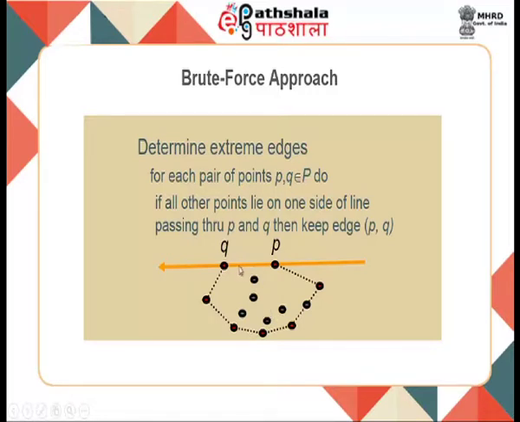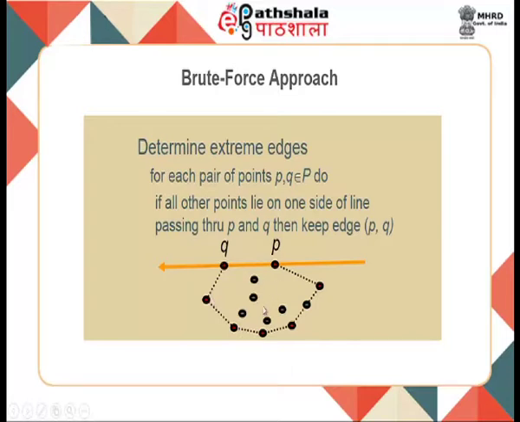Therefore, you can come to a conclusion that P and Q are going to be the vertices of this convex hull. So, that means you can see very well that P and Q form the important points in the construction of the convex hull.